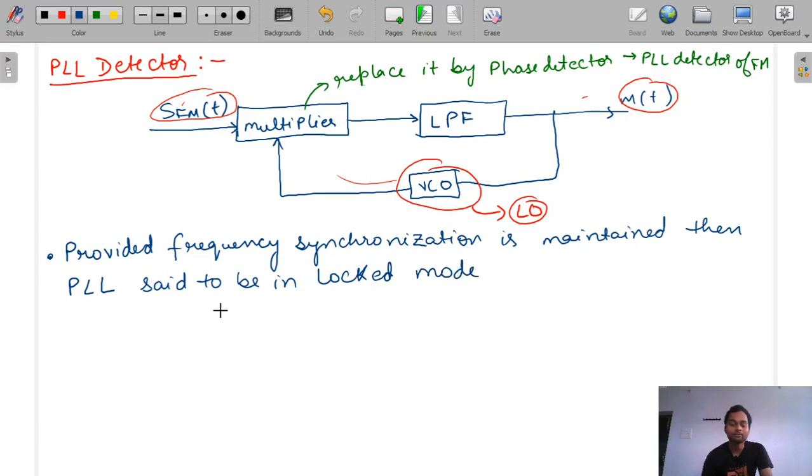Okay, sometimes they may ask that the PLL is in locked mode. So in that case, the message signal and FM signal will have the same frequency, synchronized frequency, provided phase synchronization is maintained, means the message signal and FM signal have the same phase.